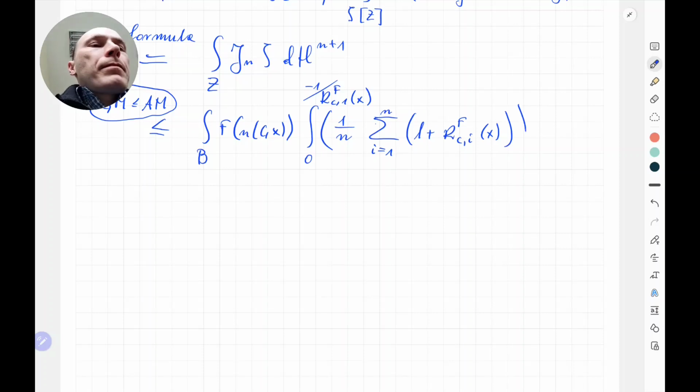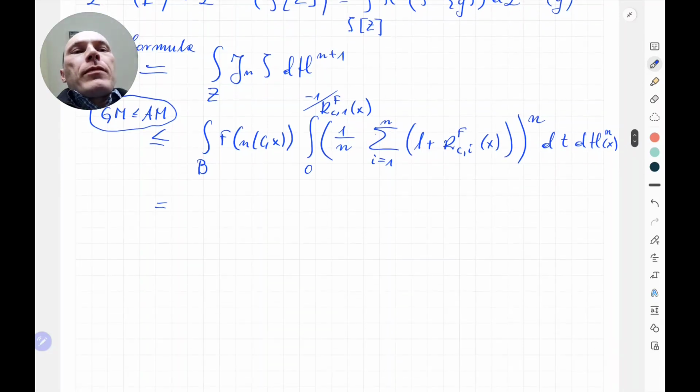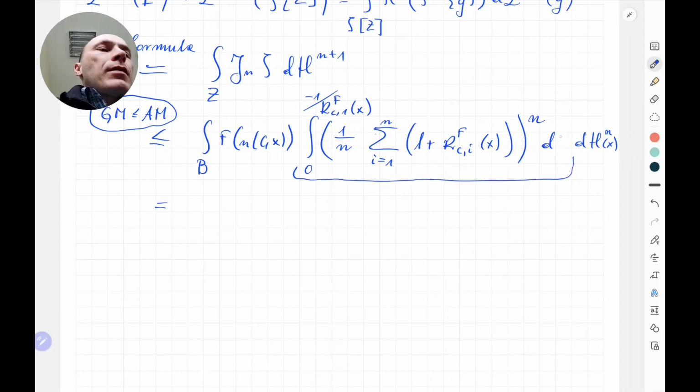But we have to put it to the power n. Using the usual inequality between means, we have this inequality. But actually, this inner integral can be computed, and we end up with the following formula.